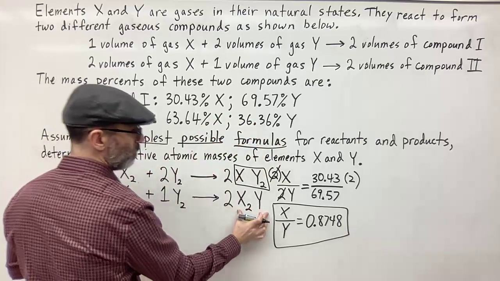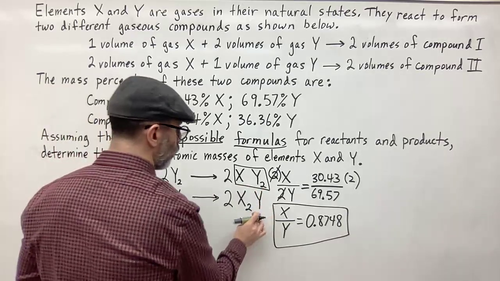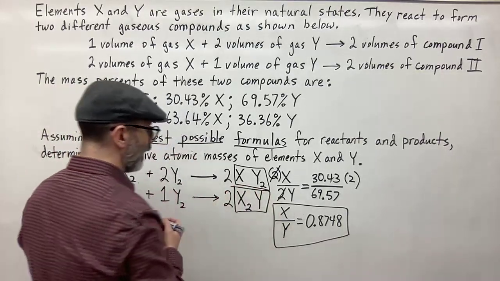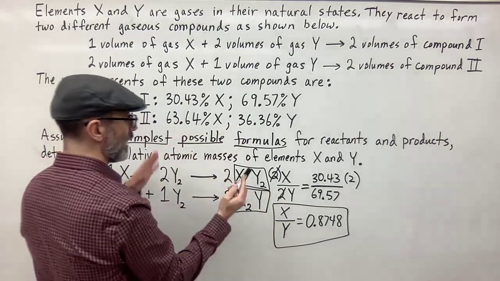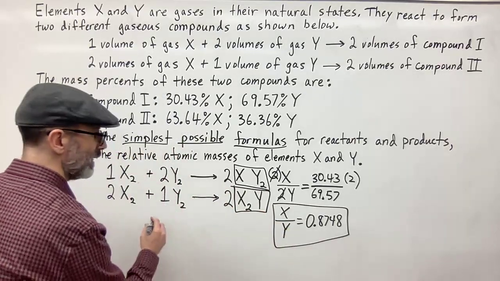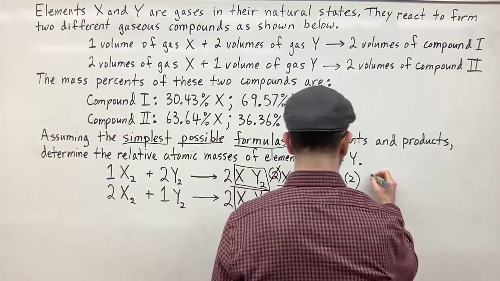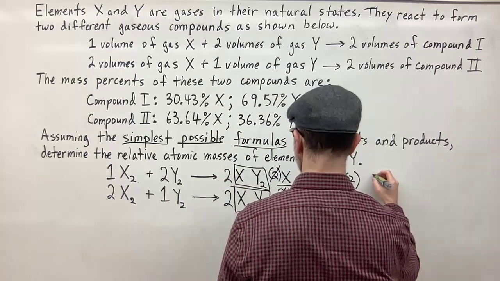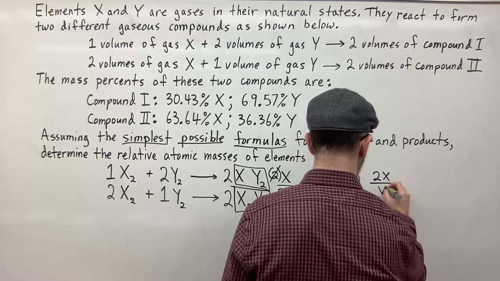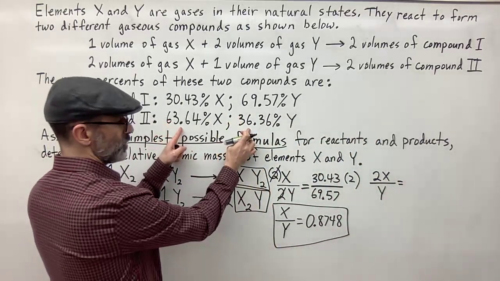Well, in compound number 2, it's going to be 2x over 1y, because this is my formula, and the percent by mass is based on what's in the formula. So in compound number 2, it's going to be 2x over 1y, and that's going to be equal to these percentages in the same ratio.